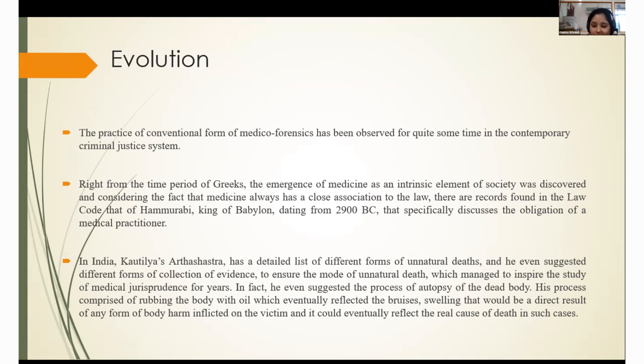He also suggested how the autopsy of the dead body can be done. His process comprised rubbing the body with oil, which would reveal the bruises or swelling that would be the direct result of any harm inflicted on the victim, and it could eventually reflect the real cause of death in such cases.